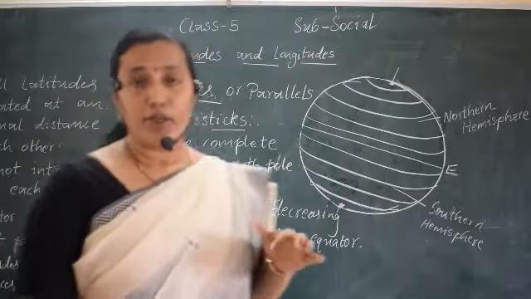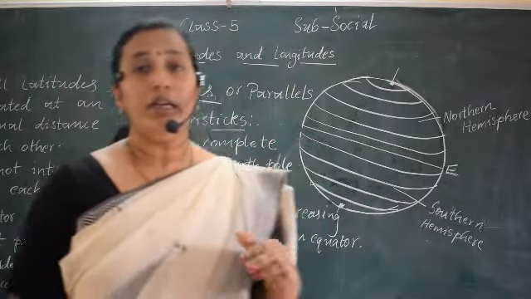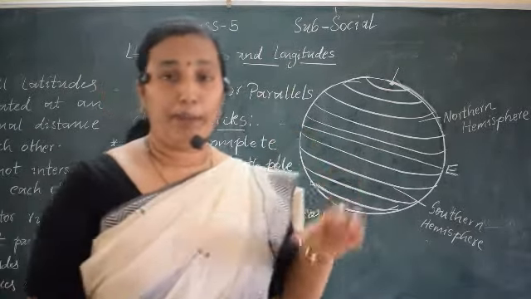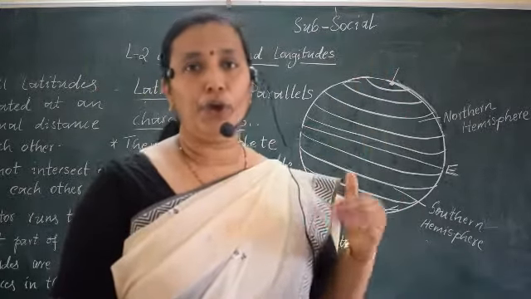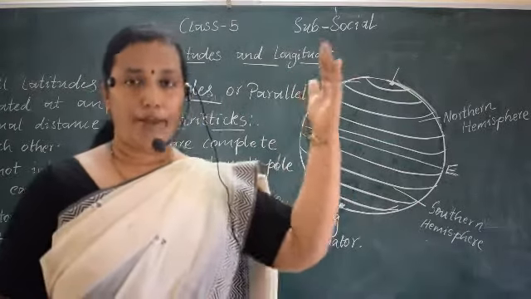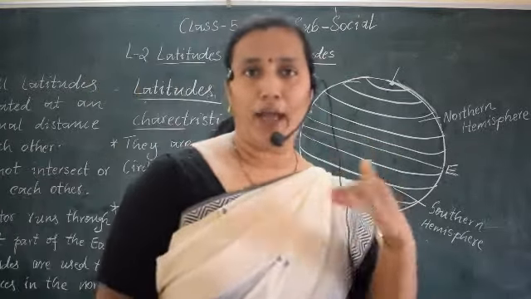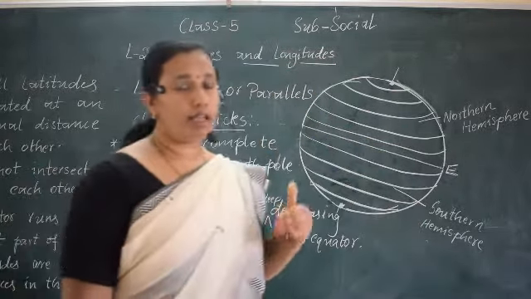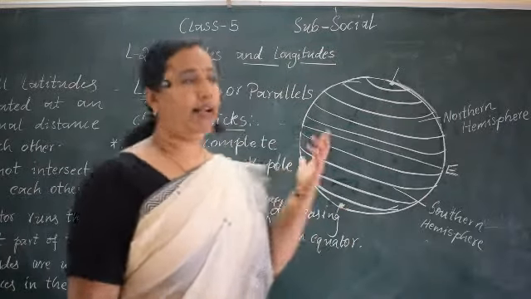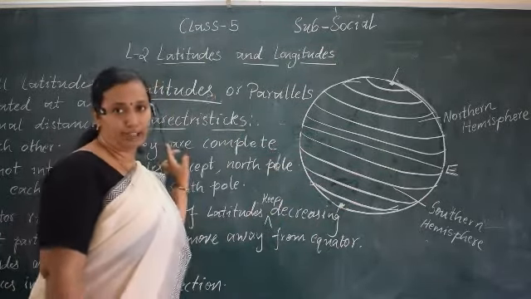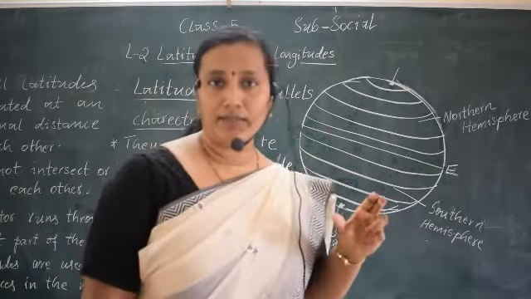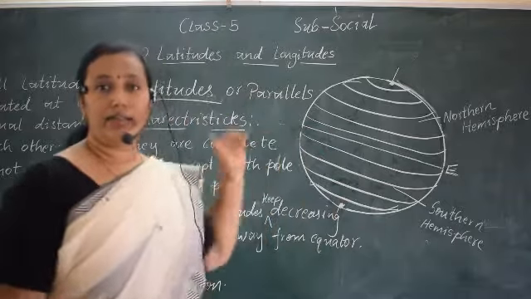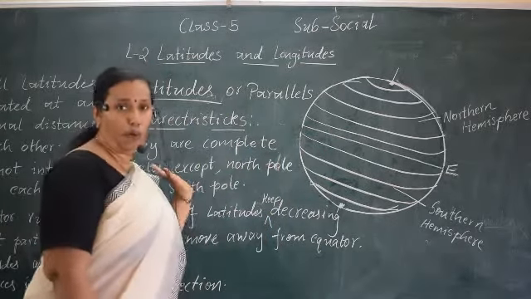First we discussed the earth, what we mean by axis, and this axis is divided into two: the upper half is known as North Pole and the lower half as South Pole. Afterwards we discussed what latitudes are. Latitude is an imaginary line that runs from east to west.